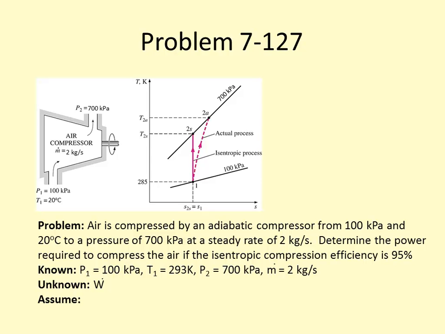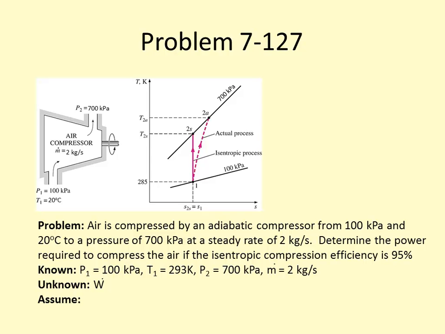Then again, our isentropic efficiency for a compressor is equal to the isentropic work over the actual work. So the actual work is equal to W dot s divided by the isentropic efficiency for the compressor.